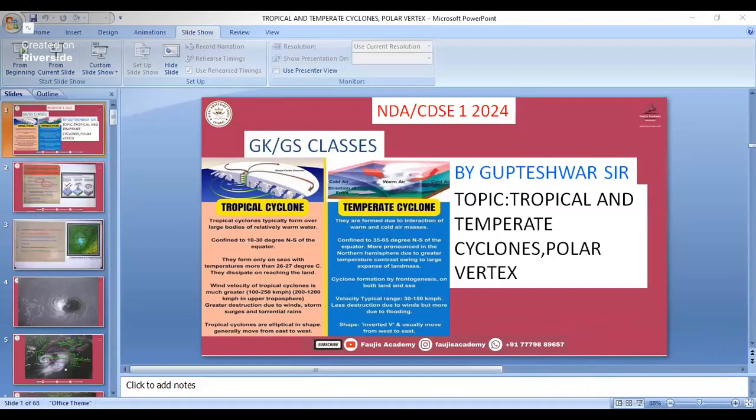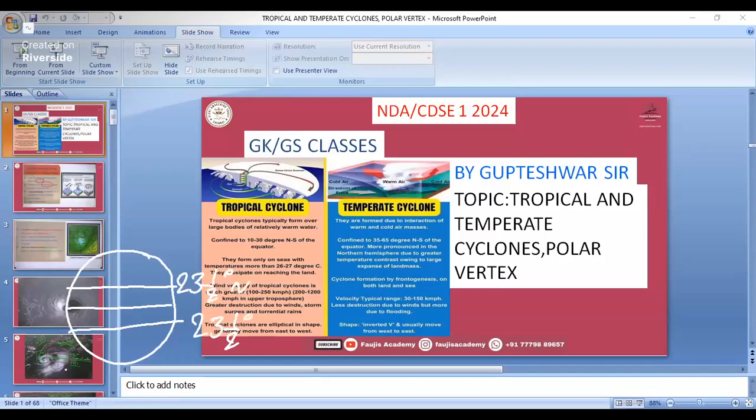That's why understanding the pressure belt is the most necessary part. So see here, now we have our Earth. Here we have the equator, and at 23.5° north and 23.5° south, these two parts are known as the tropical area.